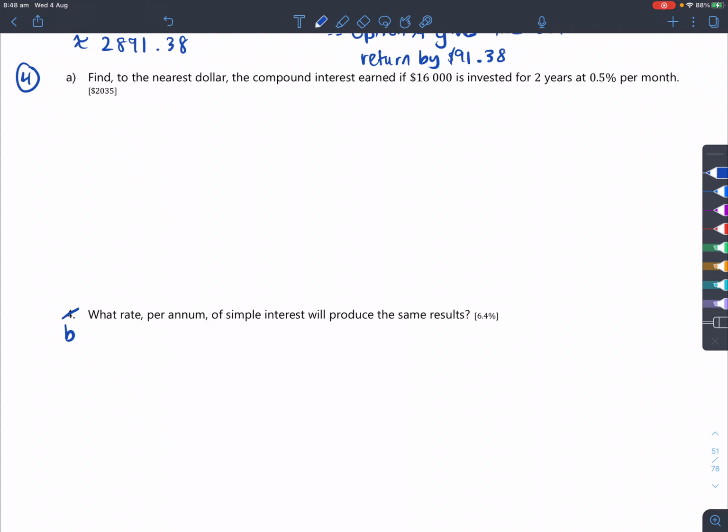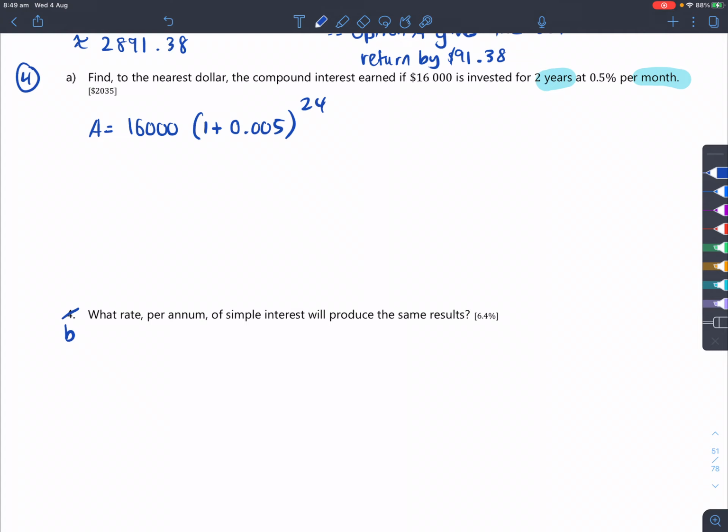These are not the same duration, so I have to change the years to months. But it's talking about compound interest, so I'll use the compound interest formula. I'll start with 16,000. I'll multiply this by 1 plus that percent written as a decimal, so that's 0.005. And I raise that to the power of how many months this is, which is 24.